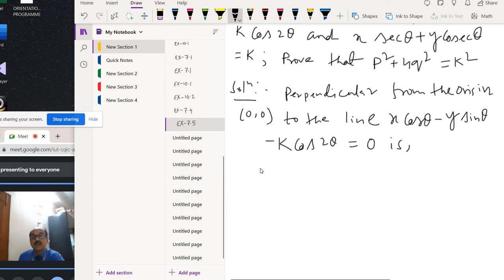Okay, use the perpendicular distance formula. It is given in the question as p.